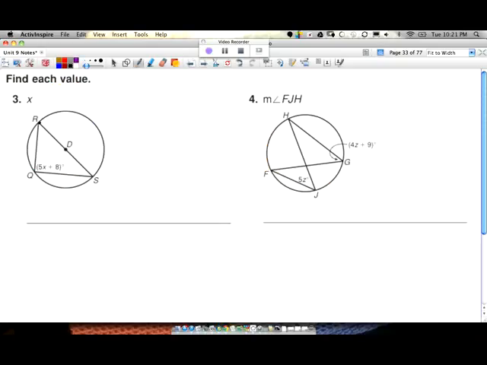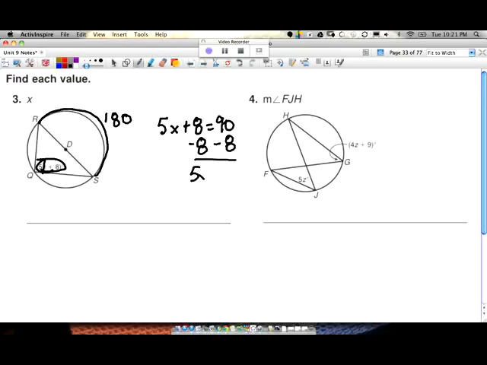Similar thing, remember that when we do a half circle from R all the way to S, that's 180 degrees, which means that this is going to be a right angle. So 5x plus 8 is a right angle, which is 90 degrees. So that's 90 degrees. I subtract 8, and I get 5x equals 82. Is that right?